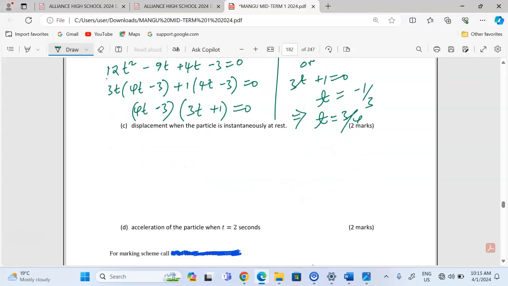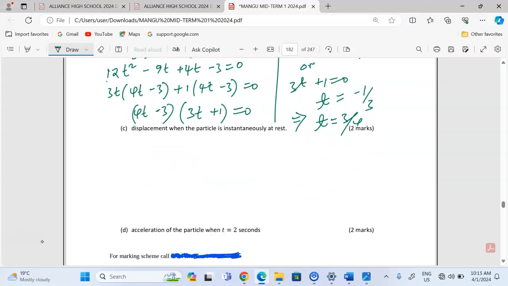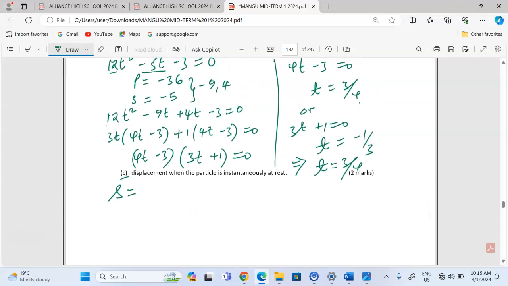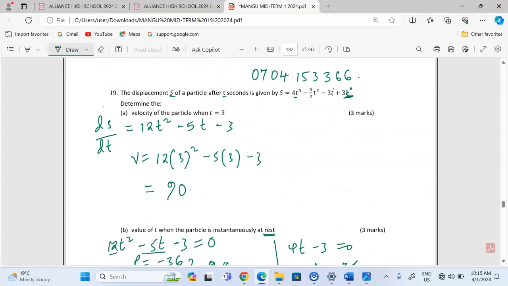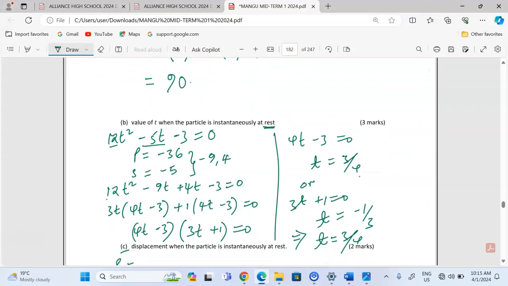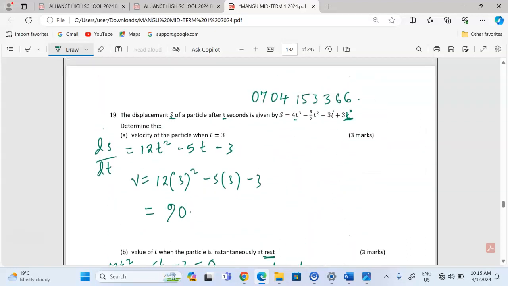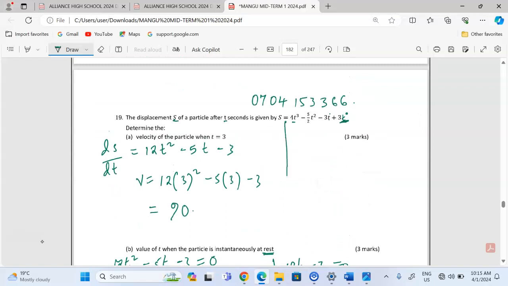Now we can go to the other part, which talks of the displacement when the particle is instantaneously at rest. So the displacement at t equals 3 over 4: we use the displacement function and substitute 3 over 4.